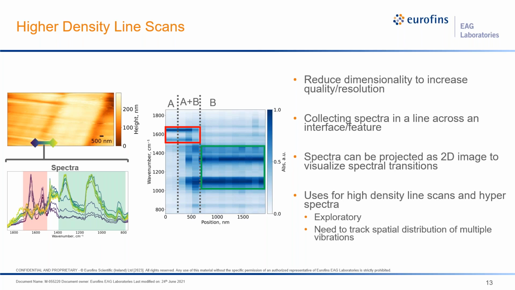And the last is if you need to track the distribution of multiple vibrations at the same time. Sometimes if you're tracking, say, 10 or 20 peaks at once, it makes more sense to do a hyperspectra rather than collect 10 or 20 chemical maps.